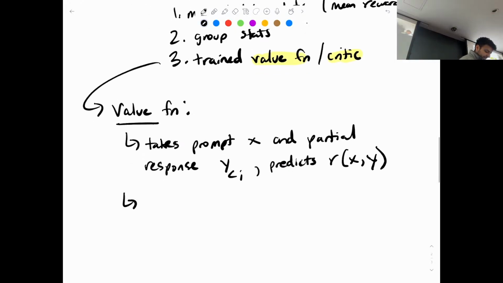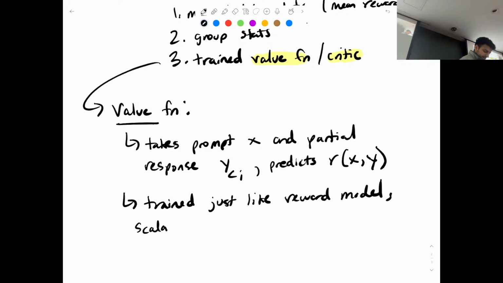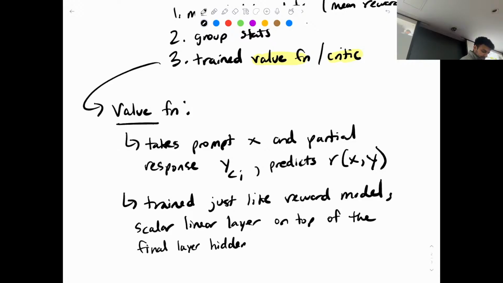Okay, so it's trained just like a reward model, with a scalar linear layer on top of the final layer hidden state at i.